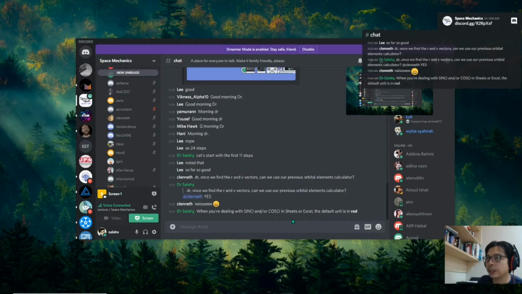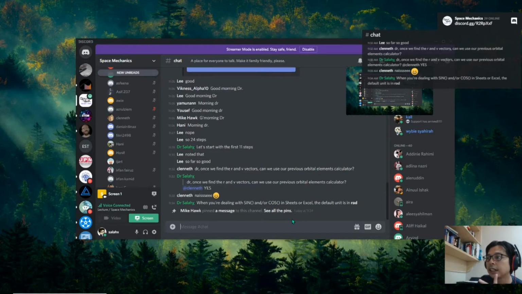If you have something in degrees, you need to change it to radian and feed it through the function. And then whatever the answer, for example, if you're using cosine or arc sine, you need to convert the answer back to degree. So be careful about that. The default unit is in radian.